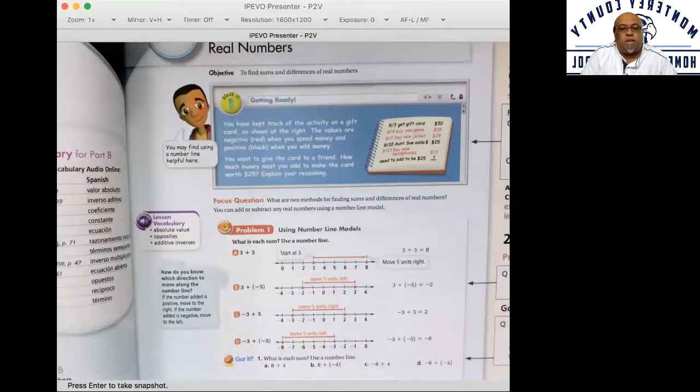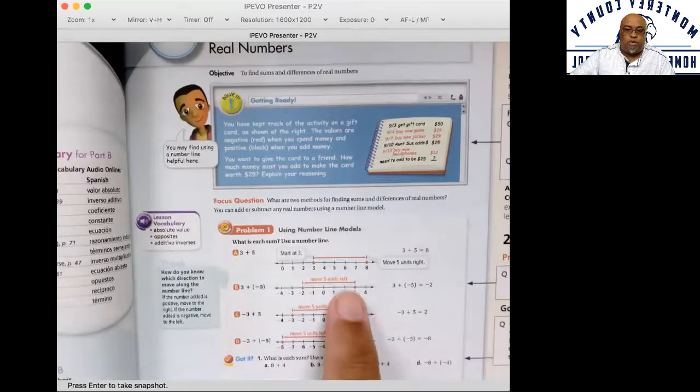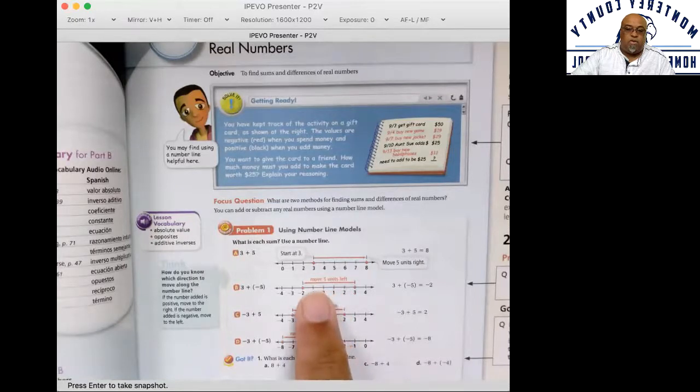Now let's take a look at the next one. I have positive 3 plus negative 5 here. So again, 3 is our starting point, but we move 5 units to the left. Why are we moving to the left? Because negative 5 means that we're going down. On a number line, down is always left, or if the number line is going from top to bottom, literally going down.